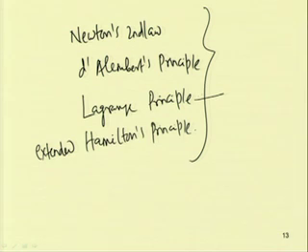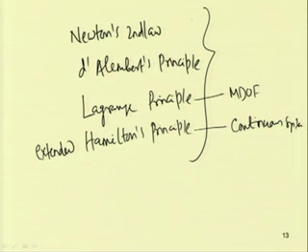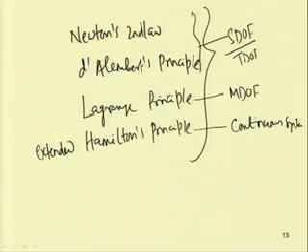Lagrange principle can be conveniently used for multi degrees of freedom systems, and Hamilton principle one can use conveniently for continuous systems. So, this is the multi degree of freedom system, and these two are for single or 2 degrees of freedom systems. In case of Newton's second law, we are drawing the free body diagram of the system.